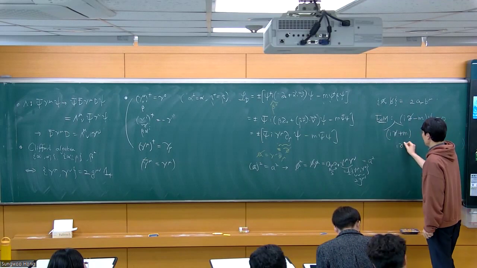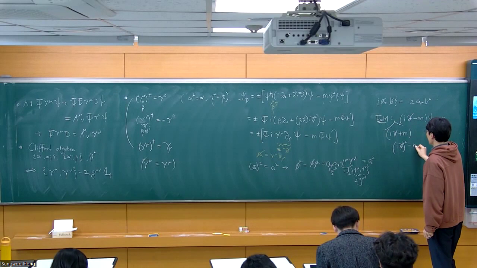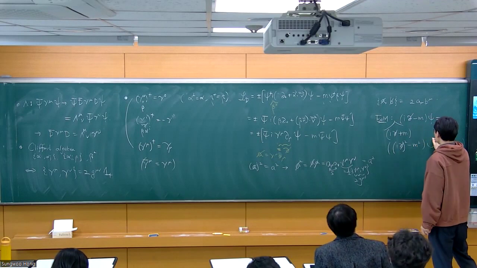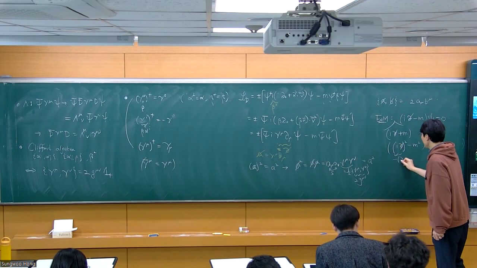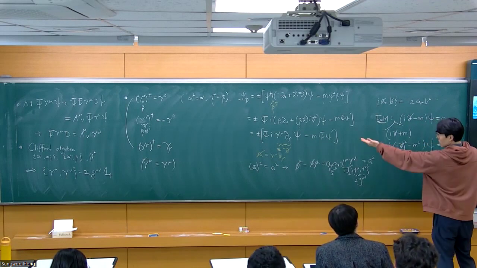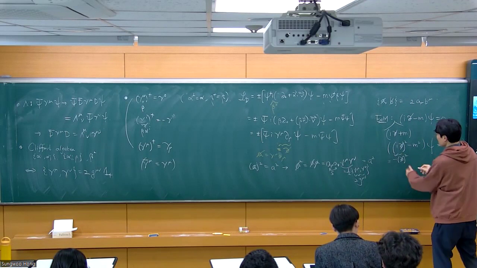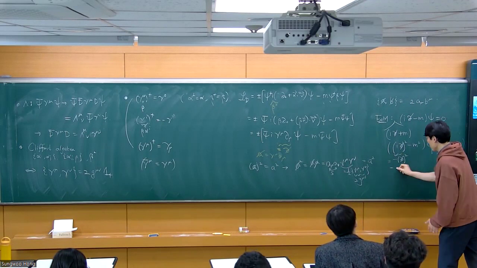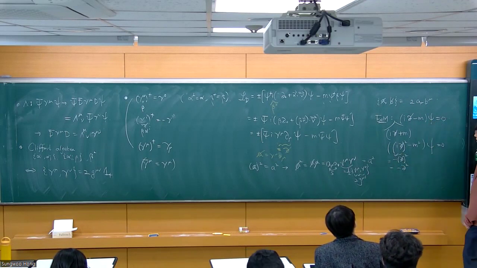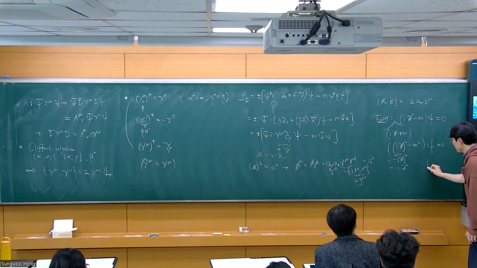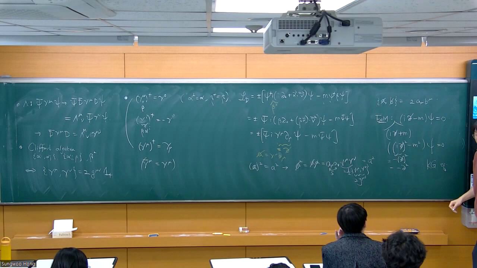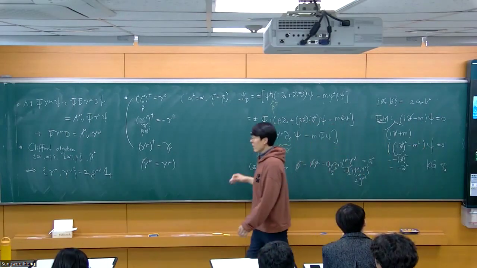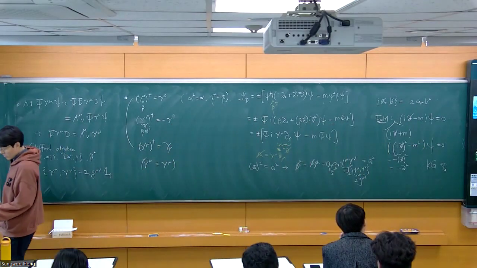So I get that squared minus m squared acting on psi is 0. But that is minus partial slash squared, and we just learned that the square of the slash is the same as the square of the vector, which is partial squared. And that is the Klein-Gordon equation. So things can be sped up by inventing good notations.